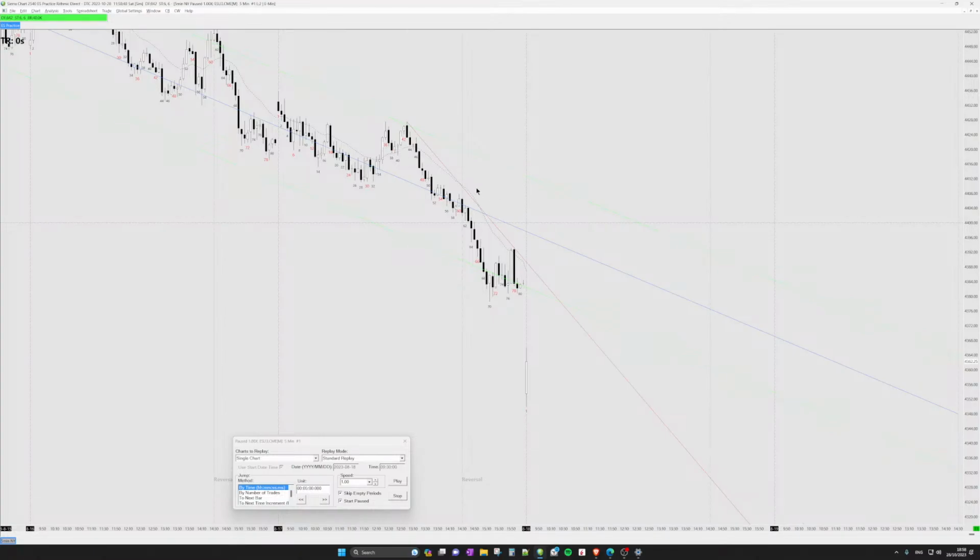So usually I use those trend lines just to remind myself that it's on a very tight, very steep channel.